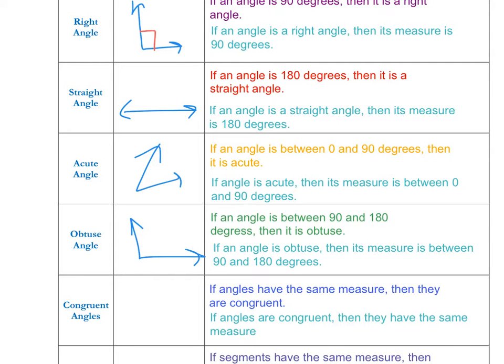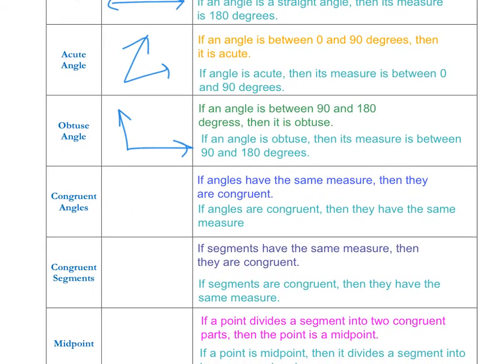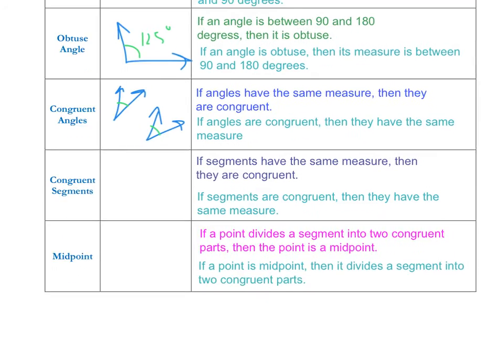This is obtuse. Congruent angles: if angles have the same measure, then they are congruent. If angles are congruent, then they have the same measure. Let's go ahead and add 125 up here and 25 up here so we make sure that we don't assume from a diagram that something is acute or obtuse.